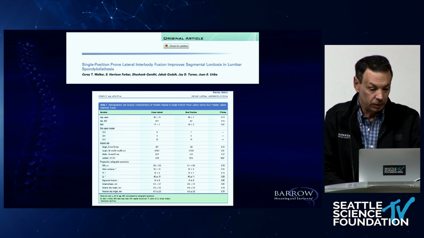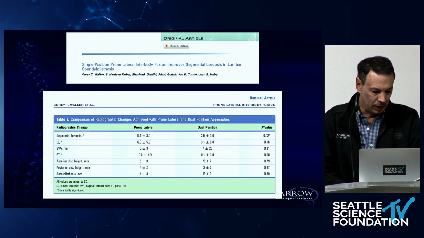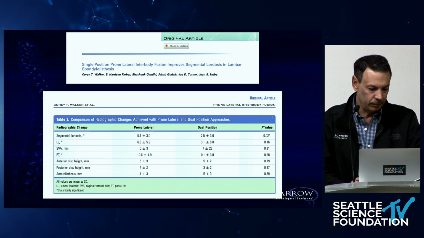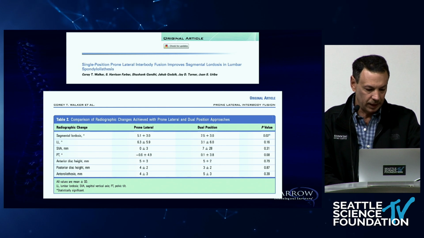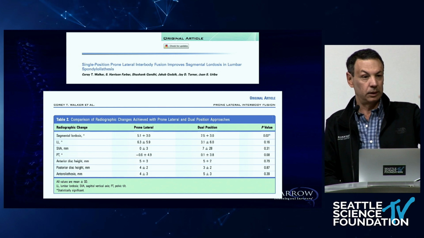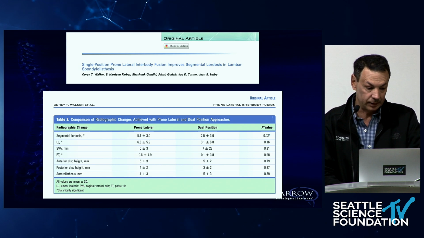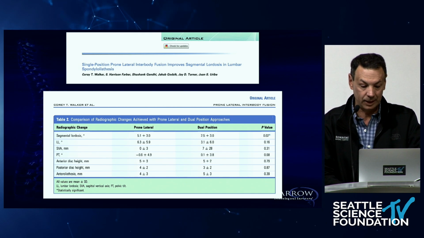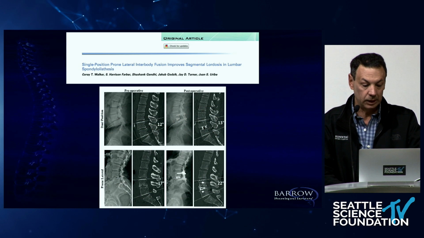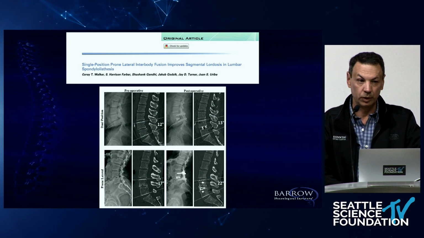It's a small sample, not too many patients, but we were able to get it published just to let people know there is potentially something here. And we find, believe it or not, that when we do prone laterals, we're actually getting a little more lordosis than we do in lateral.